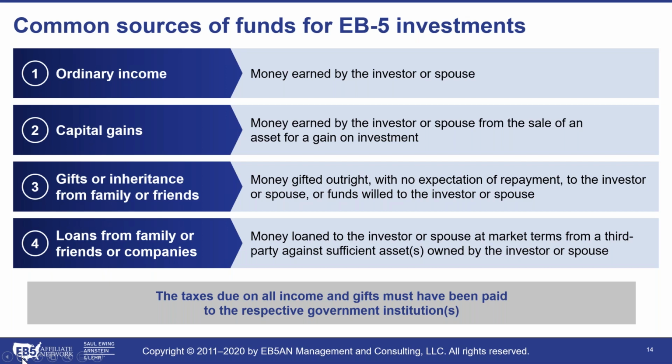Again, the key here is that the tax treatment on all 4 of these scenarios is going to vary dramatically based on what country those actions took place in. And so the US government understands that not all foreign countries follow the same or similar tax structure as the United States.